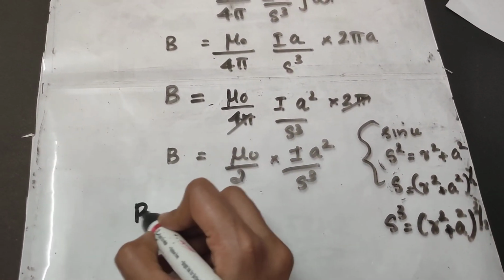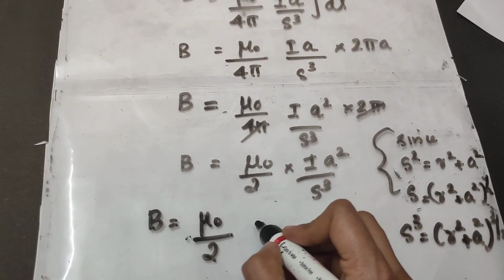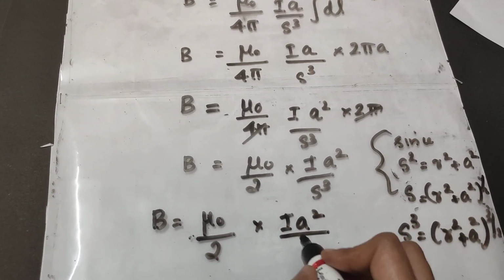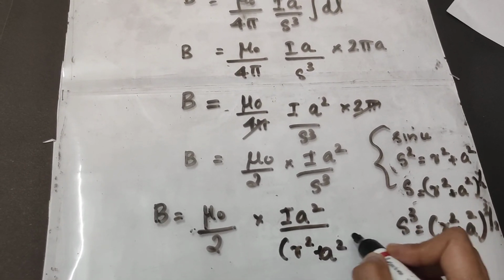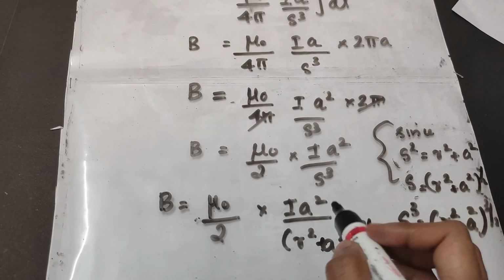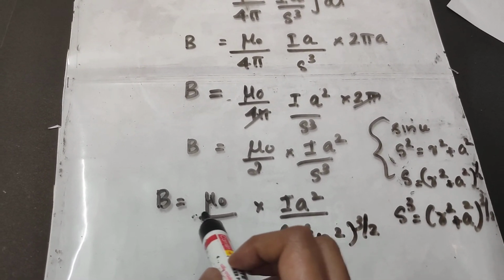Therefore B = μ0/2 · I a² divided by (R² + a²)^(3/2). This is the equation of the total magnetic field on the axis of a circular loop.